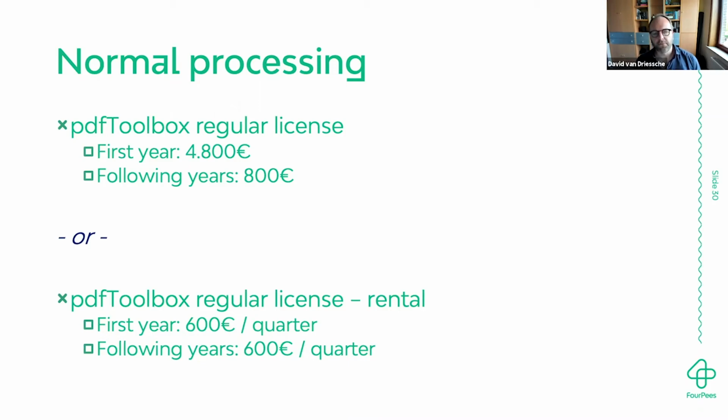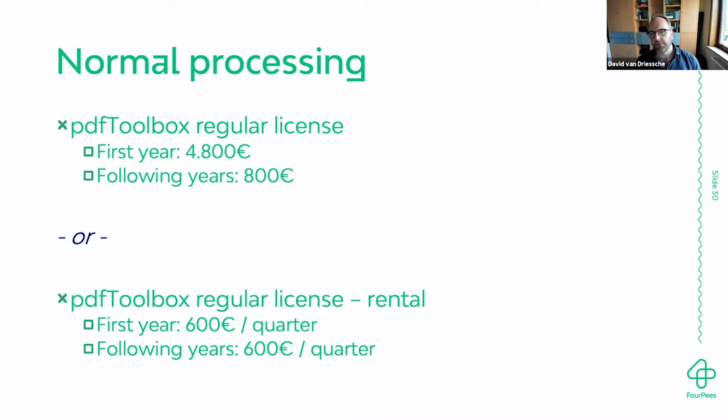If you buy it the first year, it will be 4,800. Remember, 4,000 plus 20% of 4,000 SMA is 4,800. And then each next year, if you decide to keep the maintenance contract active, which you should, it's going to be €800. That is slightly different for the rental.